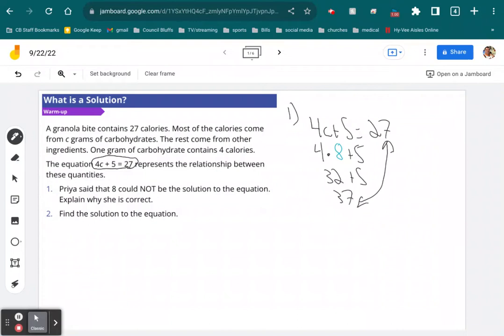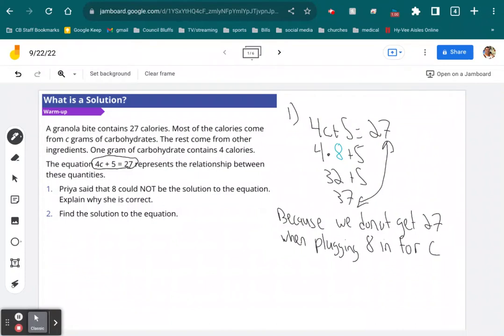So when Priya says that 8 is not a solution, is she correct? She is. Why is she correct? She's correct because we do not get 27 when plugging 8 in for C. If we did, it would be a solution.